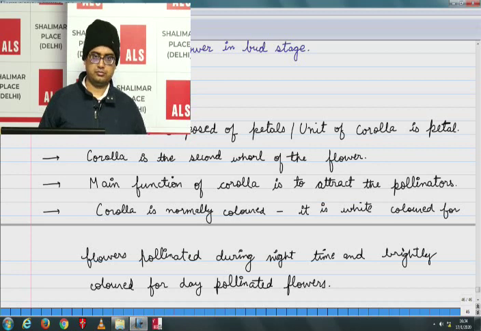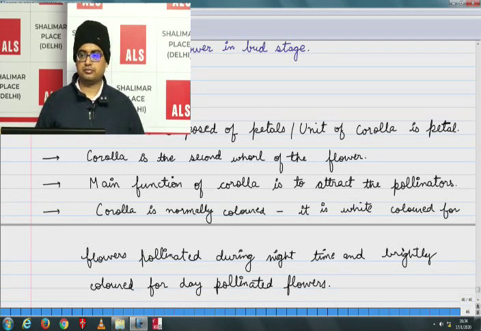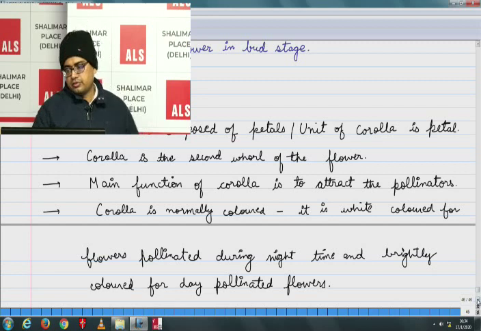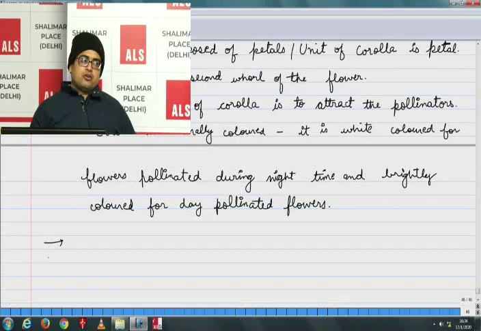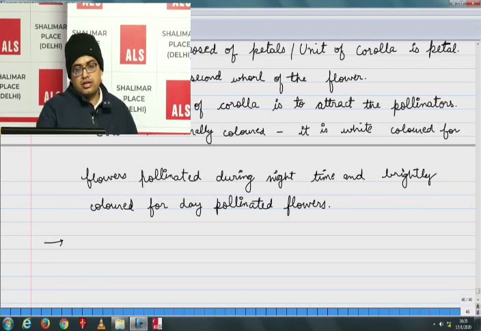Okay. All right. So let's move on. You already know this. But there is one more thing that we need to do now. Now we have to describe the estivation of calyx and corolla together, and we have to define one term also.